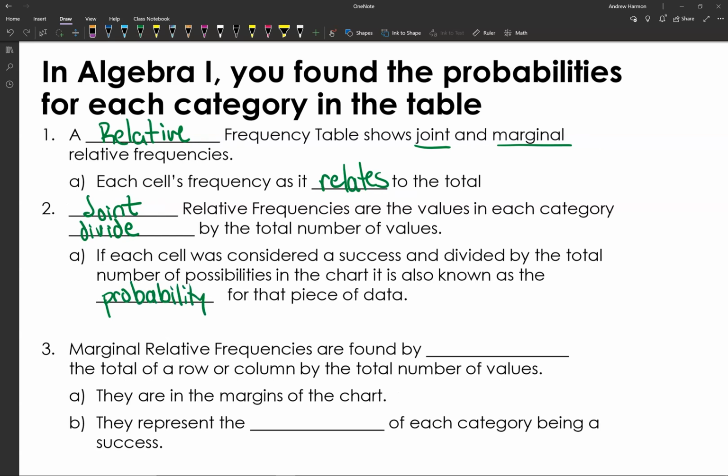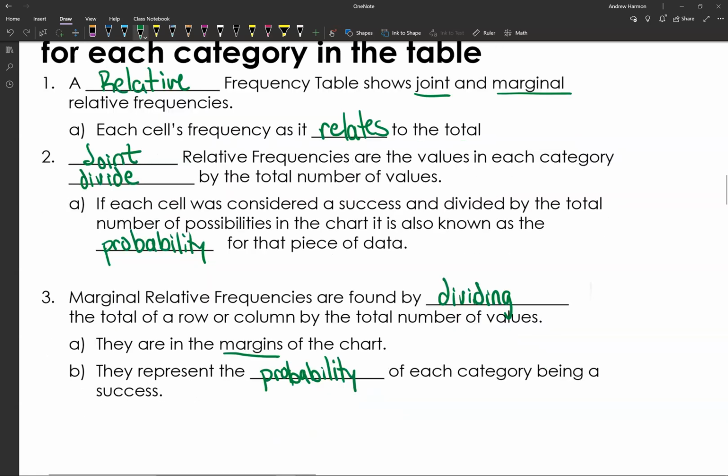And then the marginal relative frequencies are found by dividing the total row or column by the total number of values. They're in what we call the margins of the chart, just like a sheet of paper has margins. On the next slide, we'll look more deeply at where joint and marginal frequencies pop up. But these represent the probability of each category being a success.